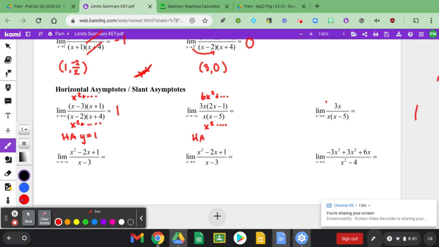So that means my horizontal asymptote is actually y equals 6 right here, which means the limit as x approaches negative infinity or positive infinity would approach that horizontal asymptote of 6.